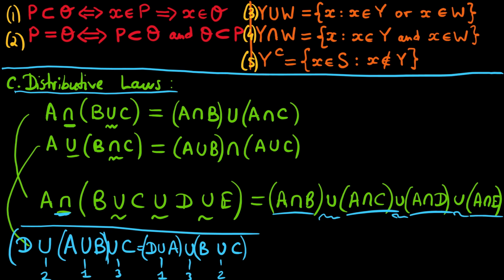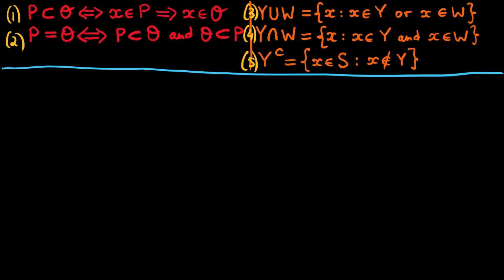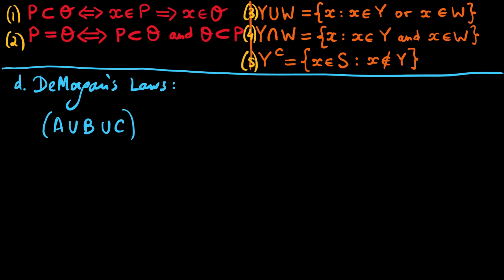So the last law is called De Morgan's laws. So in D, we've got the De Morgan's laws. This says that if you had a chain inside the parentheses, I'll do it with 3 elements right away to make things clear, and we took the complement of this chain, we will take the complement of each element, and they will be held together by the other operator than the one operating inside.